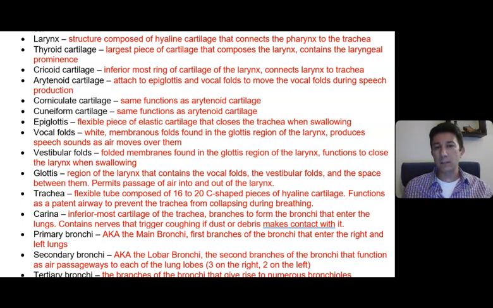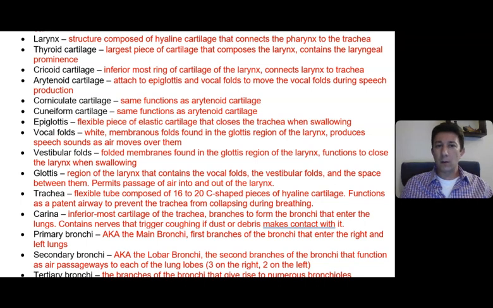And when the larynx is elevated, it essentially causes the epiglottis to be pushed down over the top of the larynx to prevent food or beverages, drinks that we are consuming, from going down into the larynx and into the trachea. And instead, the epiglottis helps to direct those items that we've ingested posteriorly into the esophagus so that they can make their way down to the stomach.